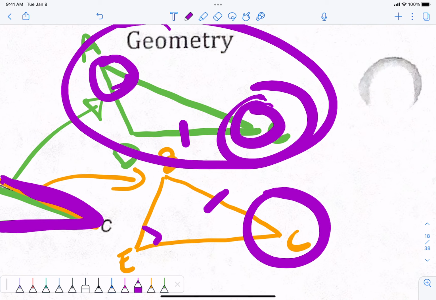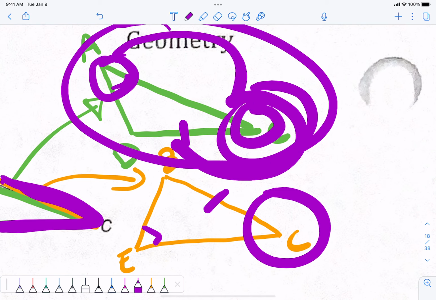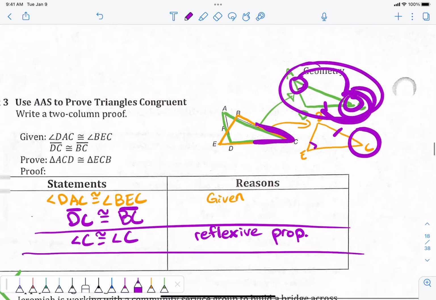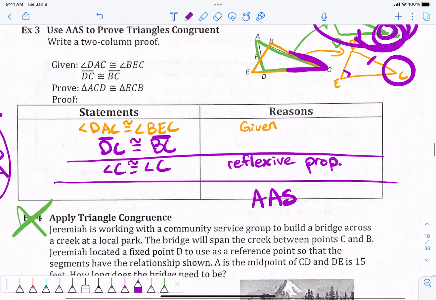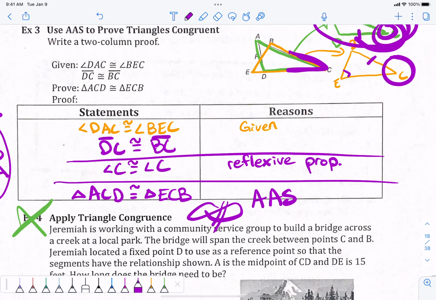If we had angle, side, angle, this would have to be the side right here, right? But it's not that one. So it's angle, angle, side. So triangle ACD is congruent to triangle ECB by angle, angle, side, and we are done. So we say that those two triangles are exactly the same.